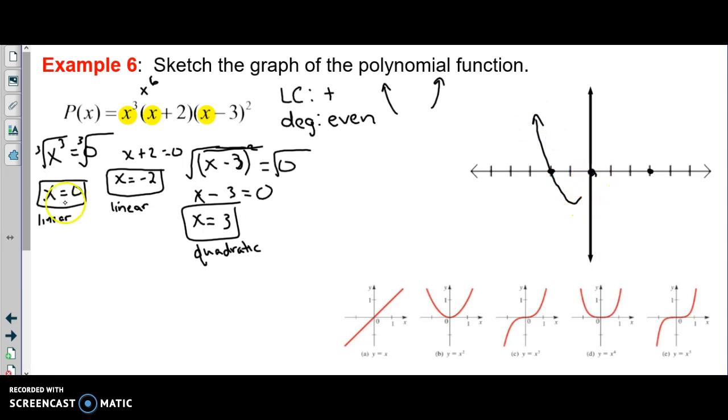So when I get to 0, I know 0 is also a linear function, so I'm going to come here, a line. I also know that with this value here, let's come up. At the value of 3, I'm going to go up around the curve.